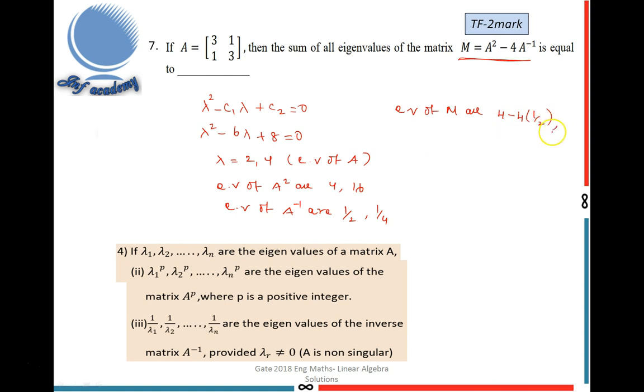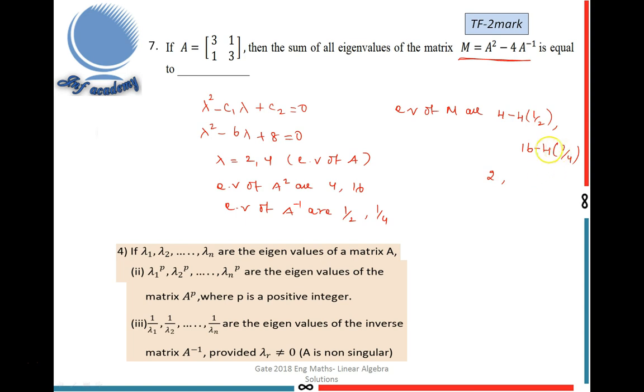This is one eigenvalue. Another one: the second eigenvalue of A squared is 16, minus 4 times the second eigenvalue of A inverse, which is 1 by 4. So, 4 minus 4 into 1 by 2: 2, 4 cancel, 4 minus 2, which is 2.